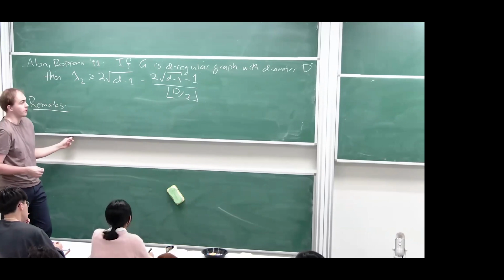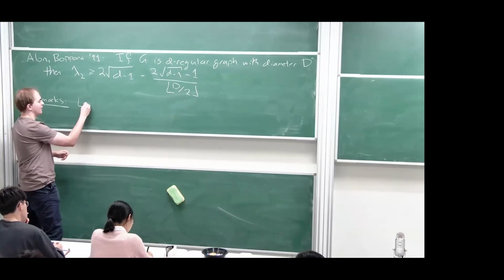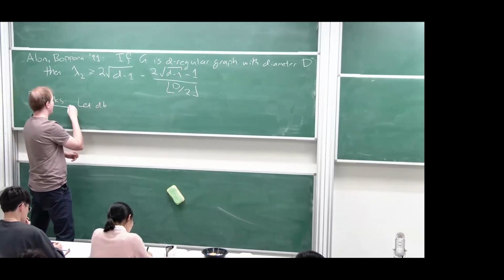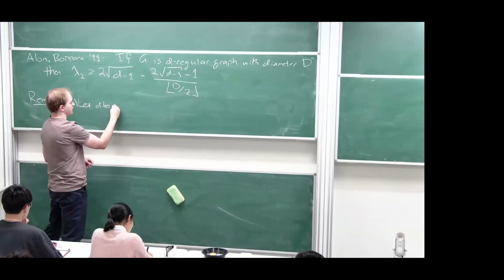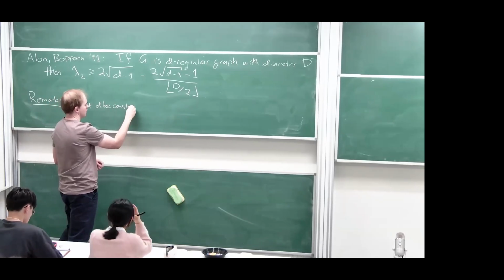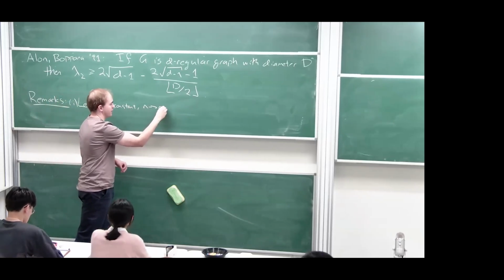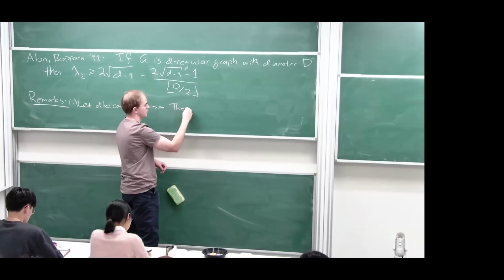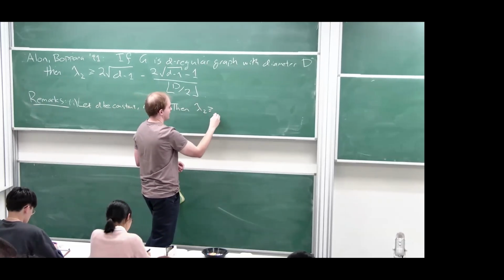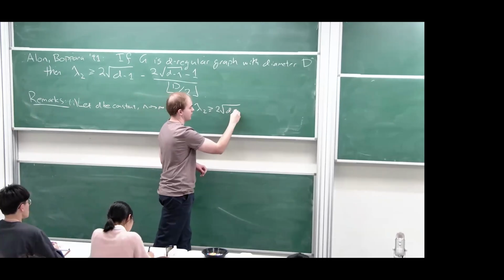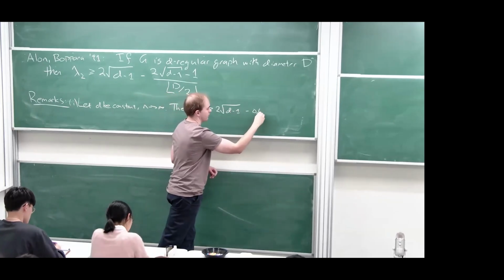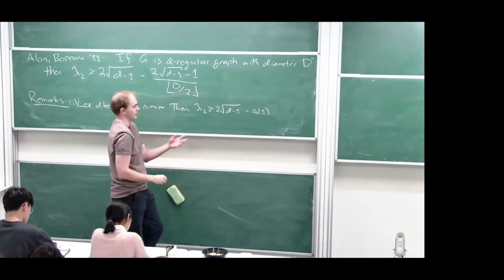But quite often you will see this stated as: let d be a constant and n tends to infinity. Then lambda 2 is at least 2 times square root of d minus 1 minus little o of 1 in n.